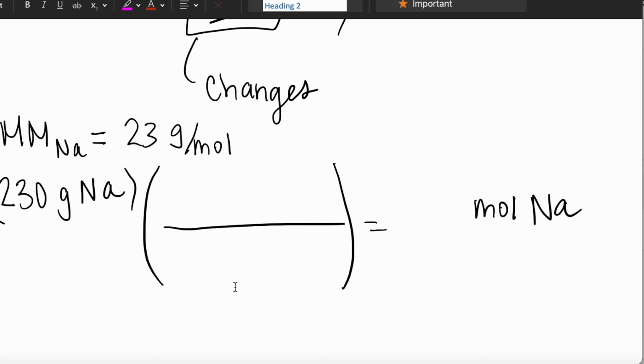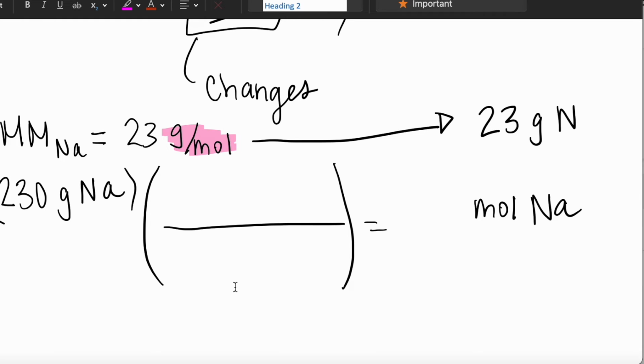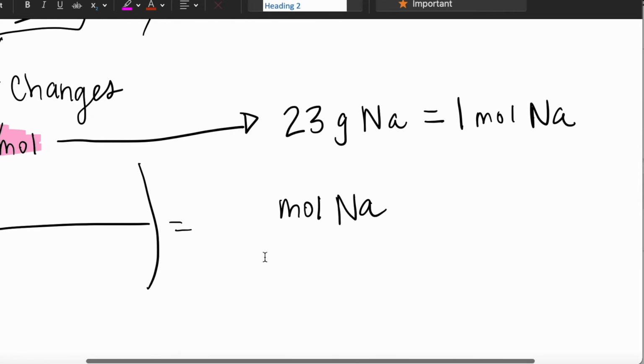So anytime you have a unit like this, grams divided by moles, what you can do is split it up. You can make it look like a unit conversion equation. So I can split this up into 23 grams Na per 1 mole Na. So that's how that would look.